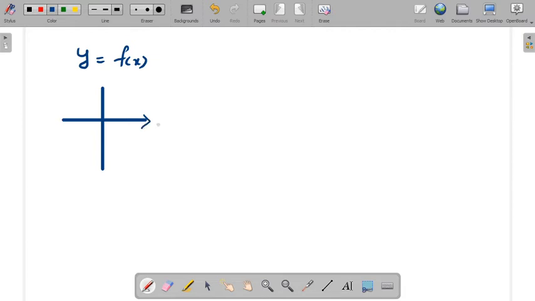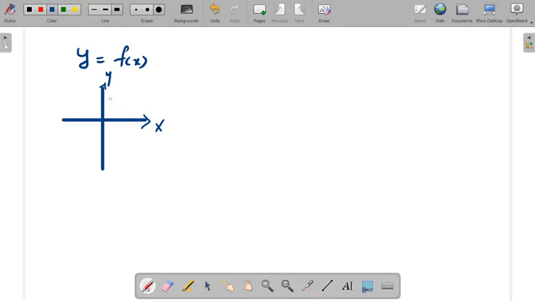And we plot the values of x on the horizontal axis, and we plot the corresponding values of f of x, which is equal to y, on the vertical axis.